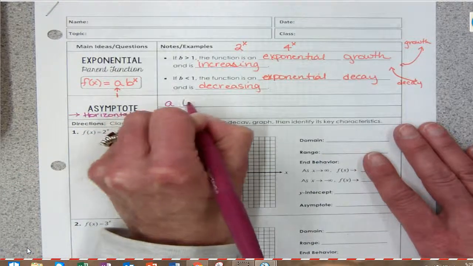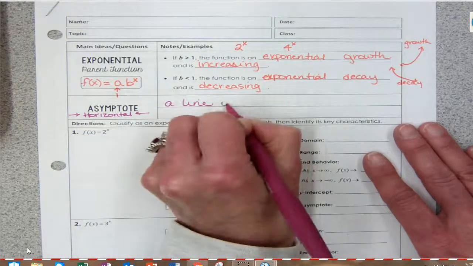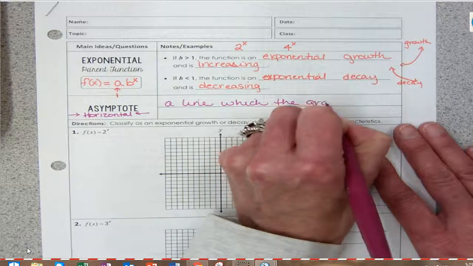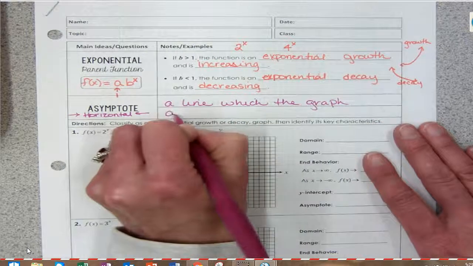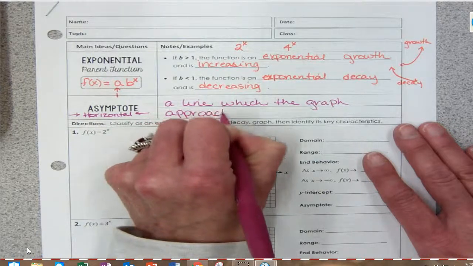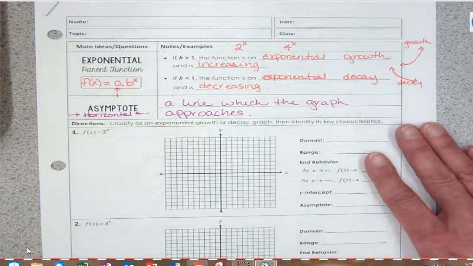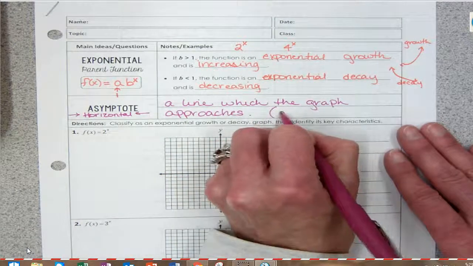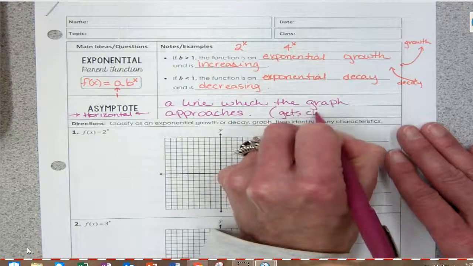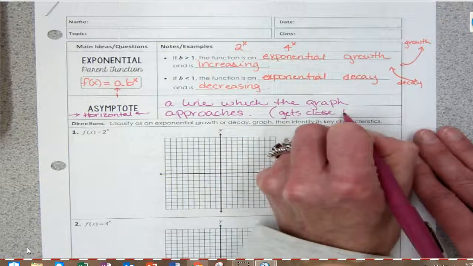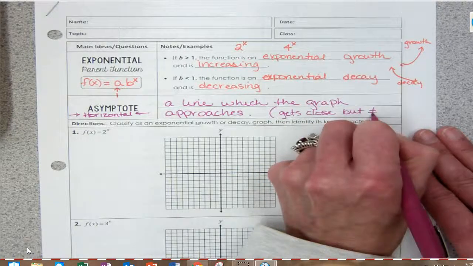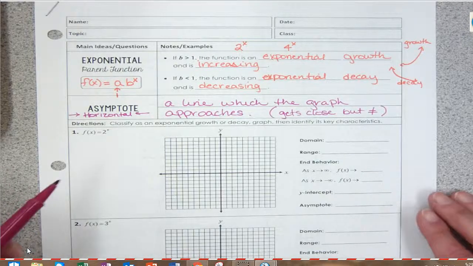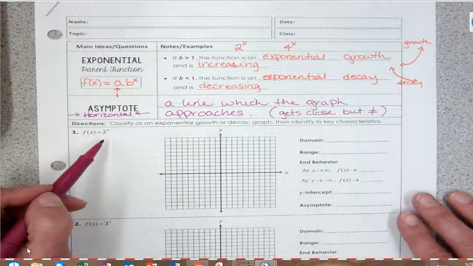This is a line which the graph approaches. Okay? So basically it gets close to it, but doesn't equal. It never crosses it.